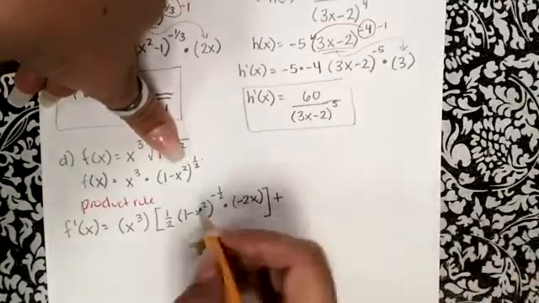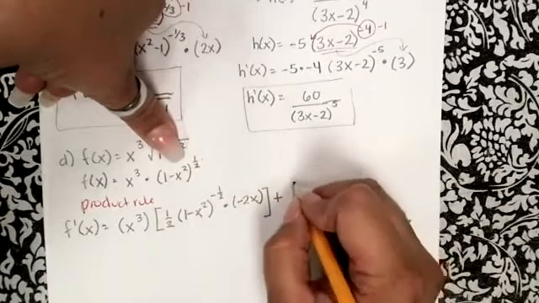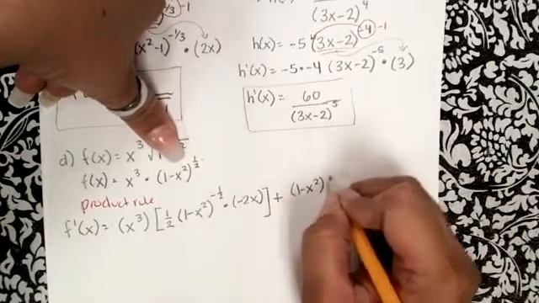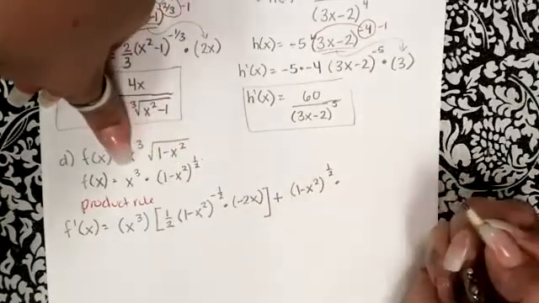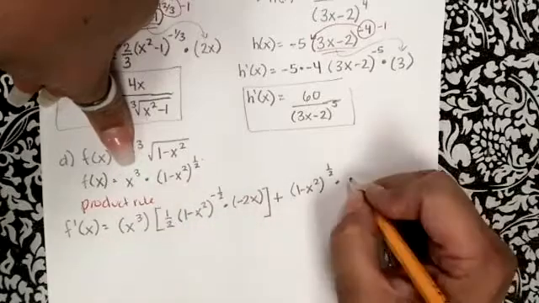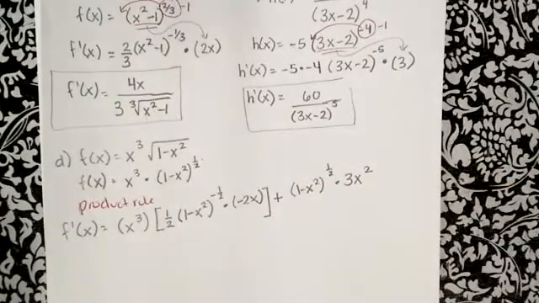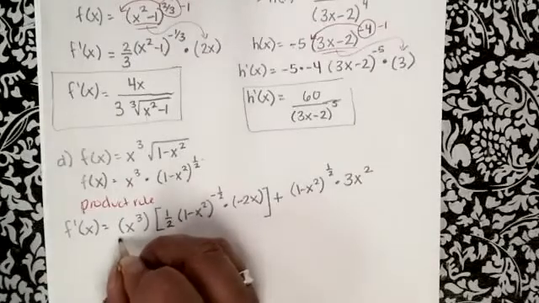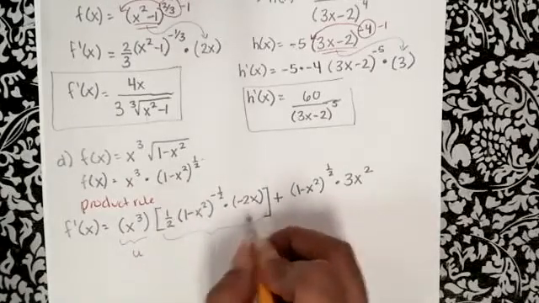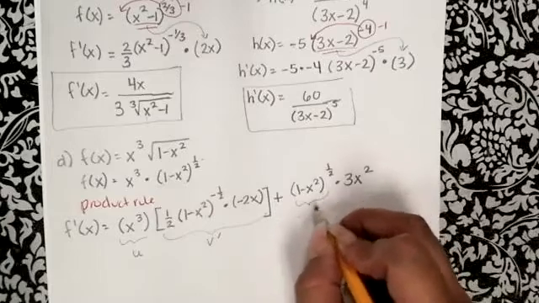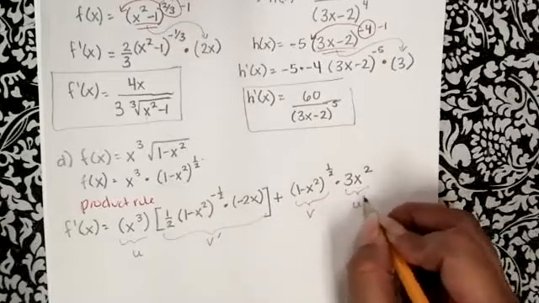Plus, now I'm going to keep the second function the same and take the derivative of the first one. And the derivative of x cubed is going to be a 3x squared. So this is basically the u, this is the v prime, this is the v, and this is the u prime.